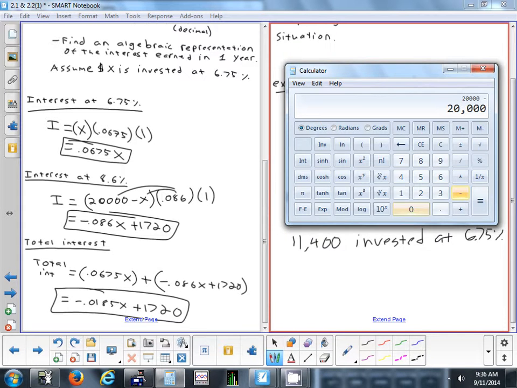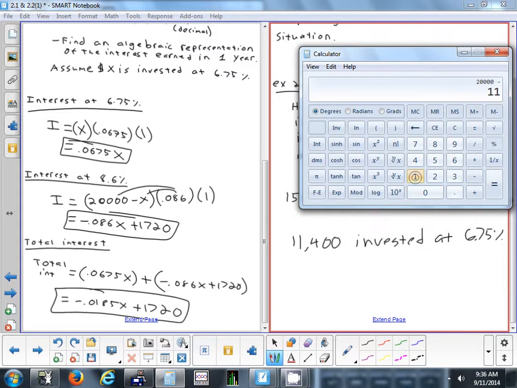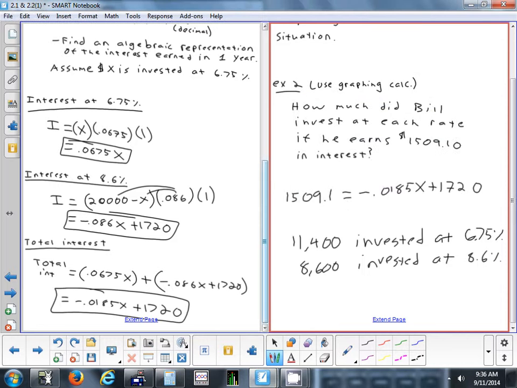So 20,000 minus 11,400. He's going to put the remainder of his money, 8,600, into the 8.6%. Any question on that?